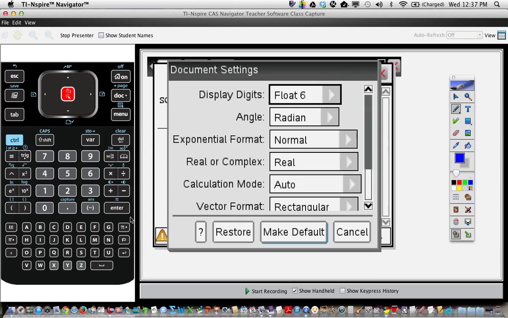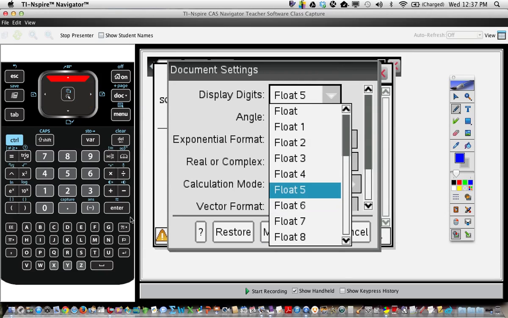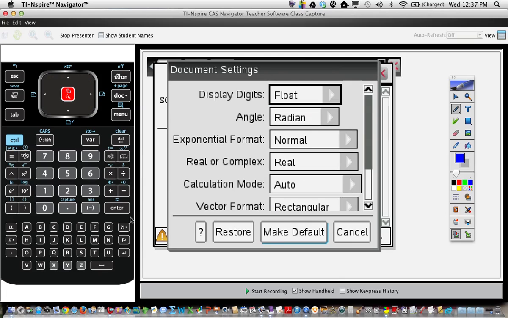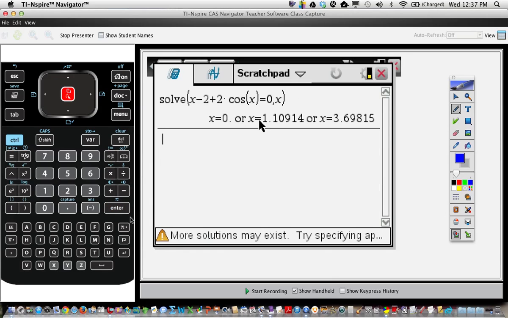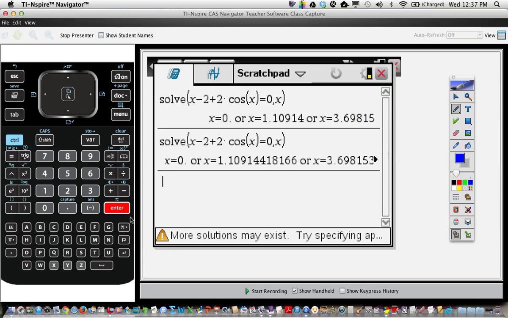And we want this to say plain old float instead of float 6. Okay, plain old float, which will show us more decimal places. Okay, hit enter. Apply this setting, okay. All right, now go up, arrow up and grab that again. Hit enter, and then bring it down. Now hit enter again. And now you get more decimal places.